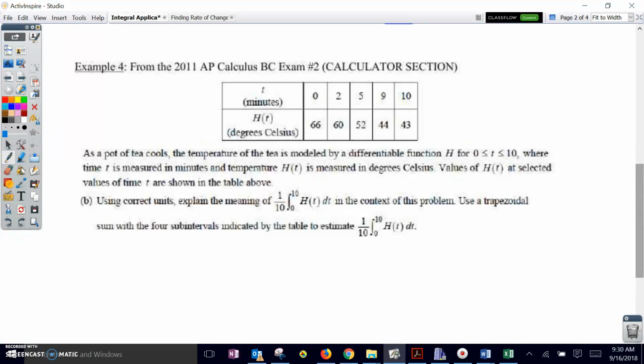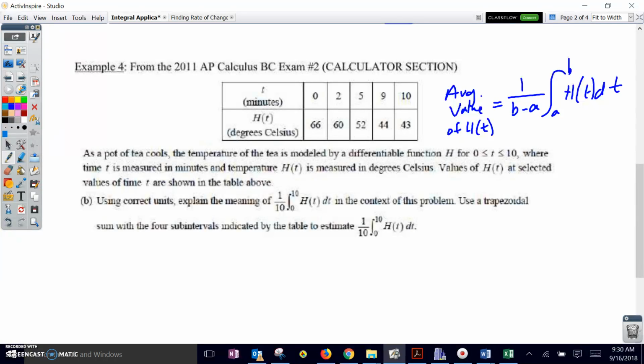Now you should recognize this form. This is a form of average value. The average value of h of t is equal to 1 over b minus a times the integral from a to b of h of t dt.